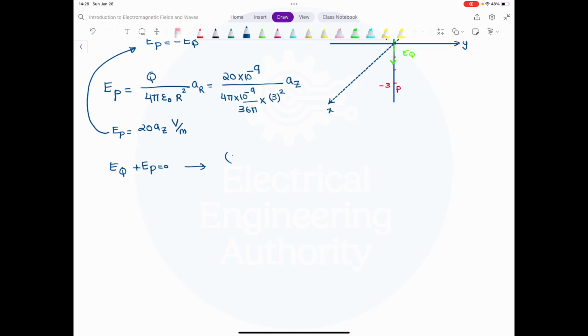So we have 10 multiplied by 10 to the negative 9 over 4 pi epsilon naught r to the power of 2. Let me actually substitute epsilon naught as well. So that is 10 to the negative 9 over 36 pi multiplied by r to the power of 2. Do I have the r? No, it is some z to the power of 2.